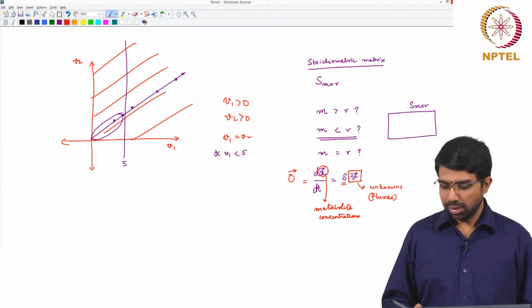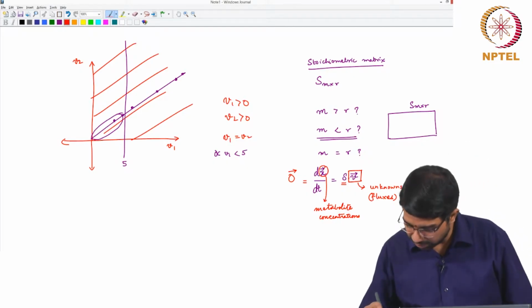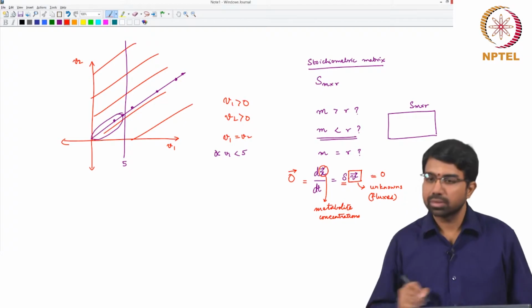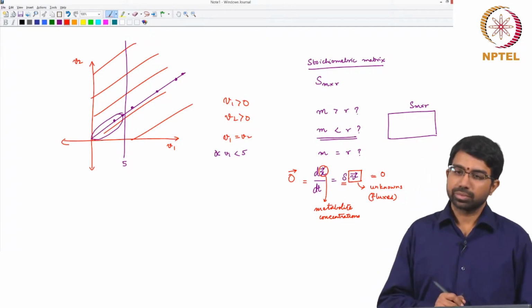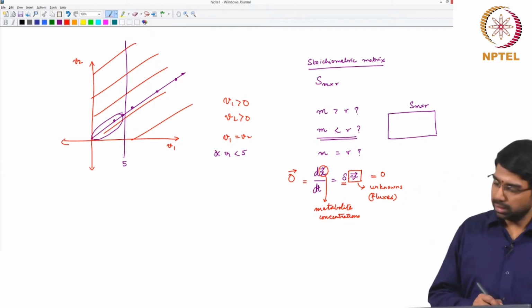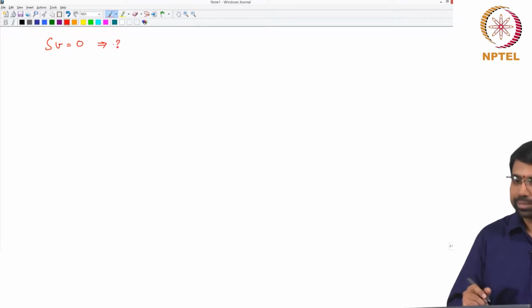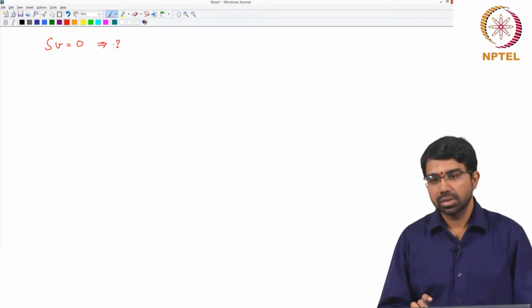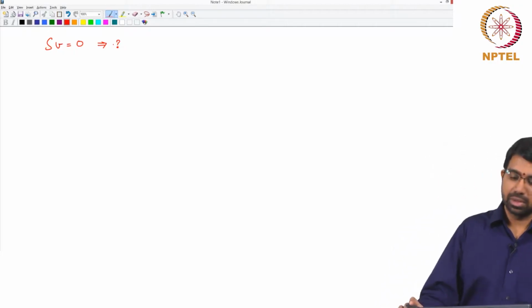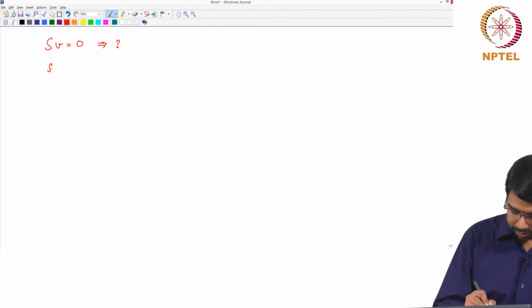Is that right? So, what does that mean? It means that SV equals 0. Right. What does SV equal to 0 mean? It is a system of linear equations.